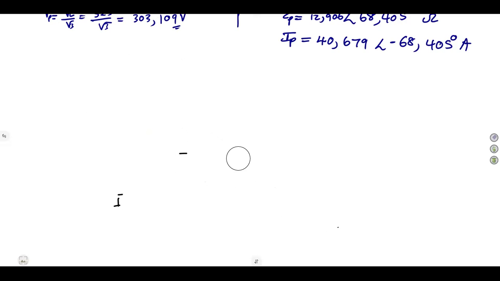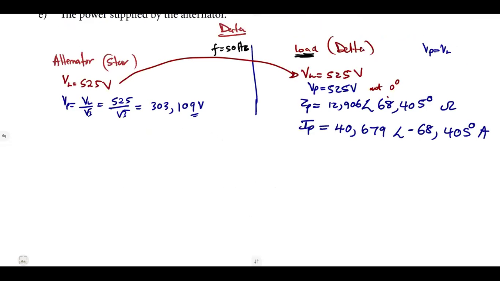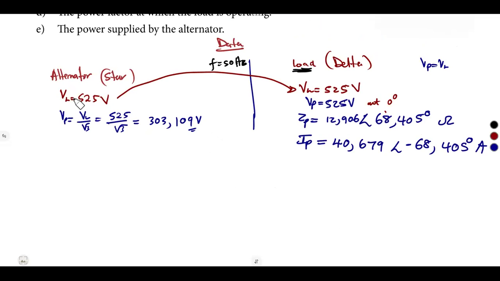If we bring back our information to where we are, as we had previously, the line voltage is the same. So as the alternator is supplying the load, what does it tell us, guys? It tells us the line current which appears on our load was the same line current from the alternator, because it is the one which is supplying this load.